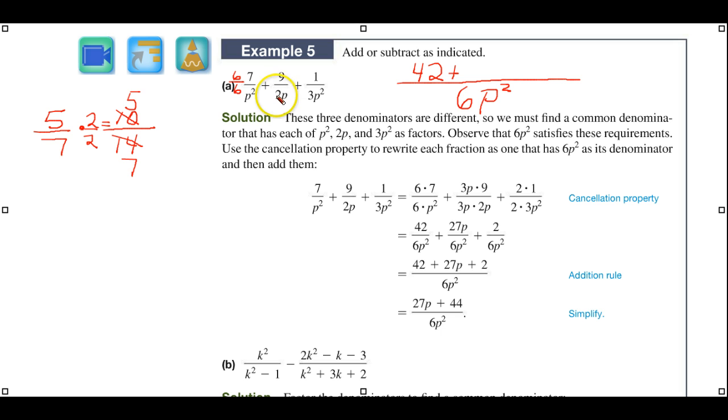What do we need to multiply 2p by to make it 6p squared? Well, how about 3p over 3p? Because 3p times 2p is 6p squared. So our numerator now becomes 27p.